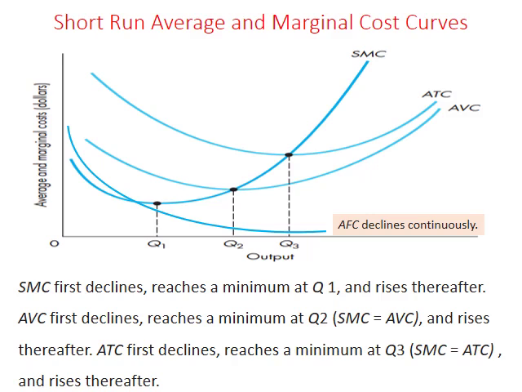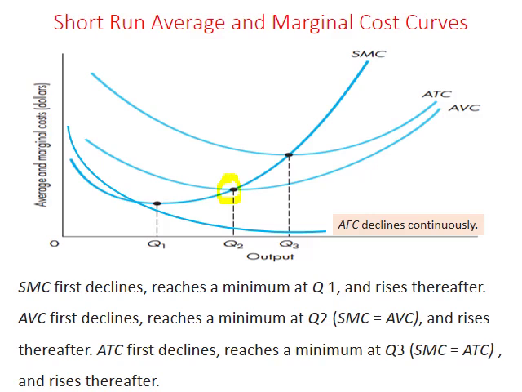At first, the short-term marginal cost is below the average variable cost, and when the short-term marginal cost intersects the average variable cost, or equals average variable cost, this is the point of the minimum average variable cost.